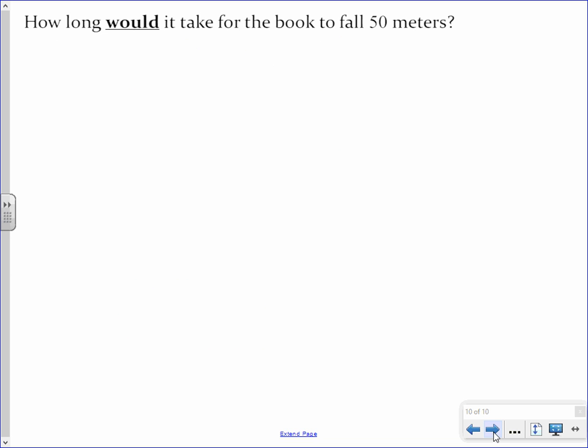How long would it take for the book to fall 50 meters? What do we do with the number 50? Okay, we set it equal to the position. How do we solve something like that? Divide that number over and then take the square root of both sides.